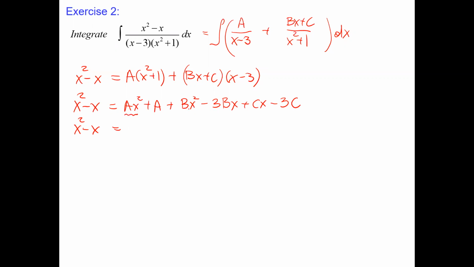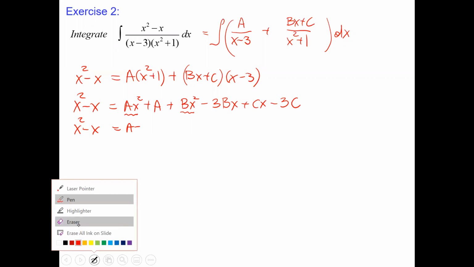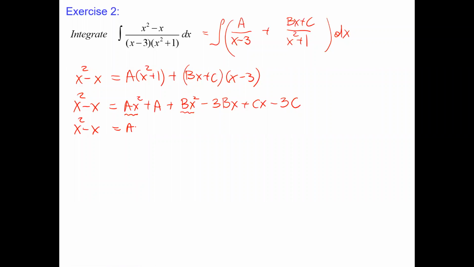One more time, and I will combine. I have Ax squared and Bx squared. I can factor out x squared: Ax squared plus Bx squared. Then we have Bx and Cx: -3Bx plus Cx.